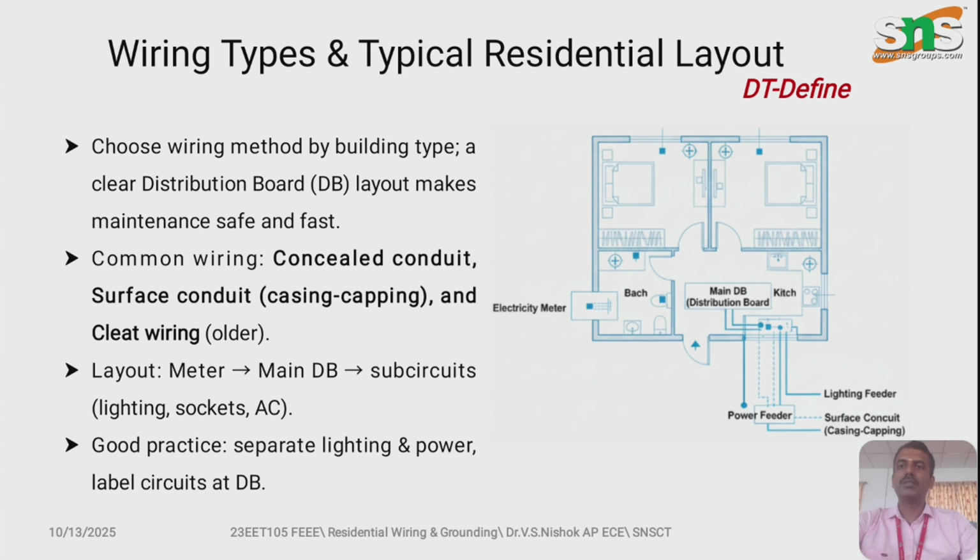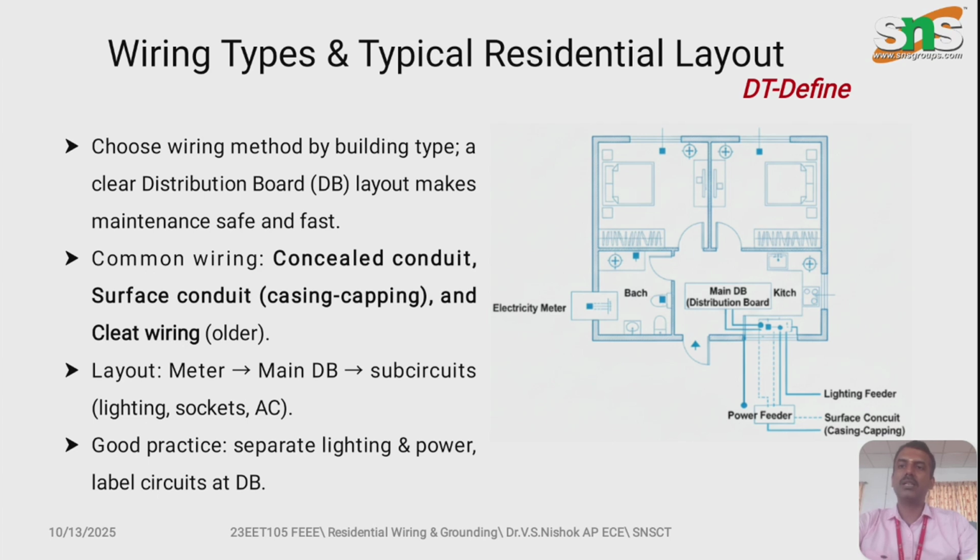Coming to the different types of wiring, we have concealed wiring, concealed conduit, which is a closed type of wiring, and the surface conduit, which is otherwise named casing and capping, a temporarily done wiring method which is used in industry for temporary purposes. That all comes under the category surface conduit.